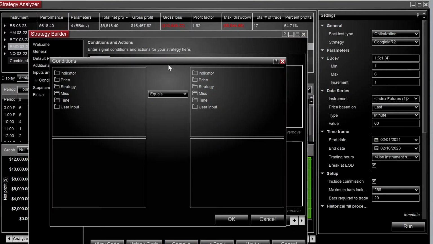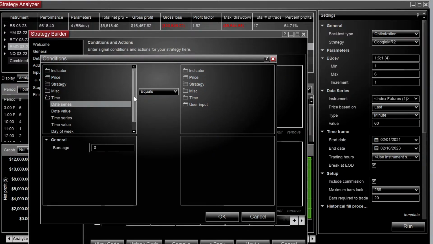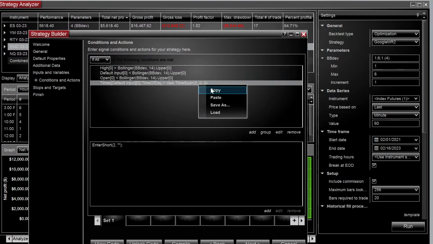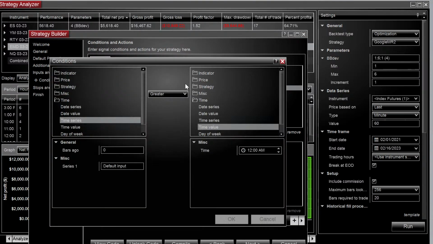Let's just cut out the evening trades. So time is greater than, a.m., and less than we're going to do 1 p.m.